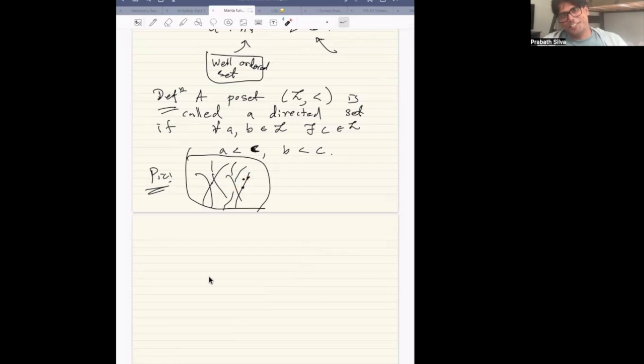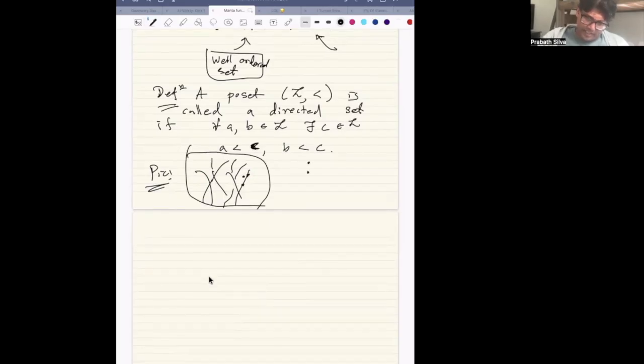And the directed set, like the integers, is really nice, like a well-ordered set, and you can go up, you go to infinity.